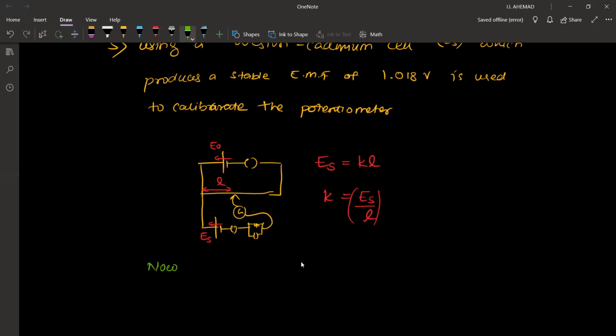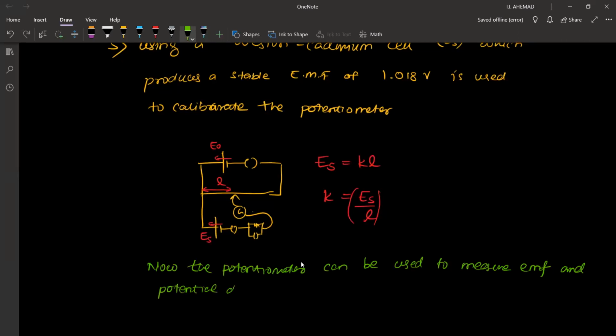Now the potentiometer can be used to measure EMF and potential difference. Okay, now we can use it to measure EMF and potential difference.